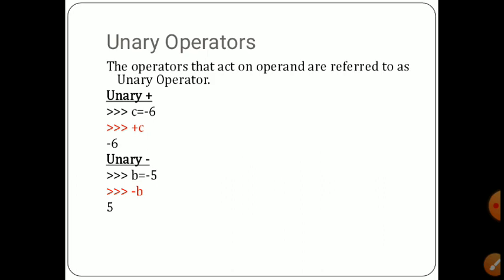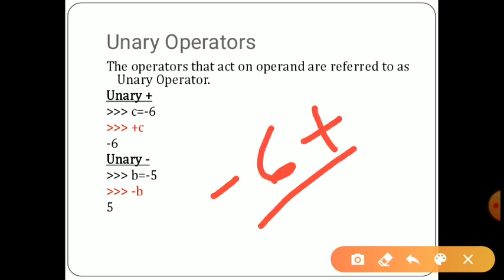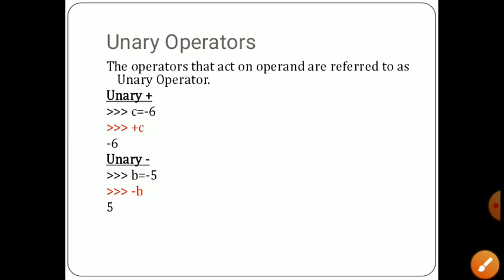For example, if I take one variable c and assign the value -6, and then apply unary plus, +c, what is the result? Minus and plus is equal to minus. So the result is -6.